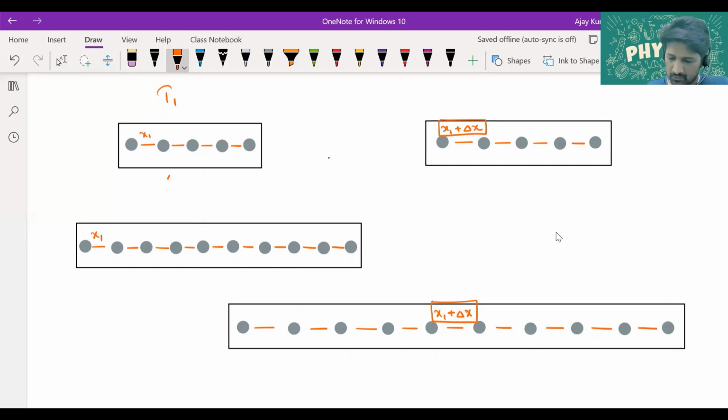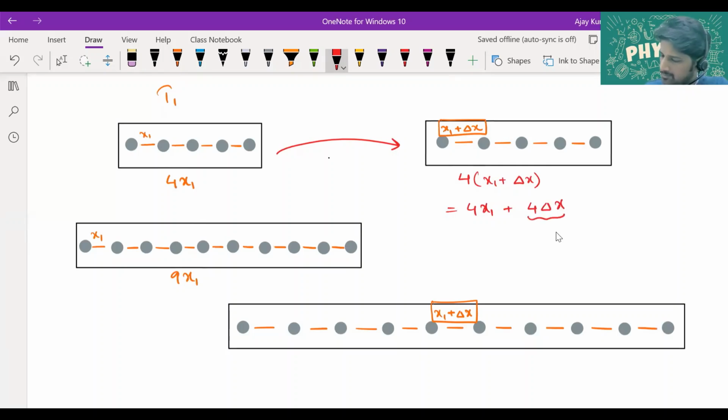So its original length was 4x1. Here I think there will be 9 gaps. So the original length here is 9x1. What is the final length of the first object? 4 times x1 plus delta x. So that is 4x1, the original length, plus 4 delta x, the expansion. That is how much it has expanded.